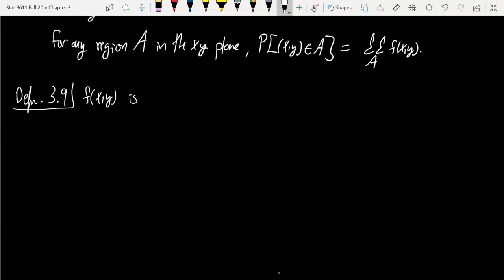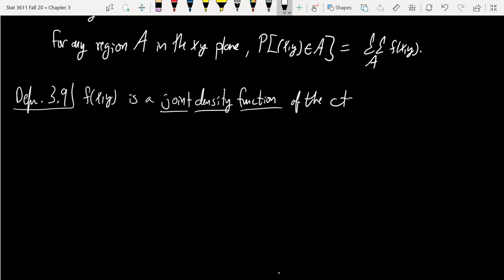So we say f of xy is a joint density function, or a joint PDF, of the continuous random variables x and y if, well, as usual, f of xy is greater than or equal to 0 for all x and y.